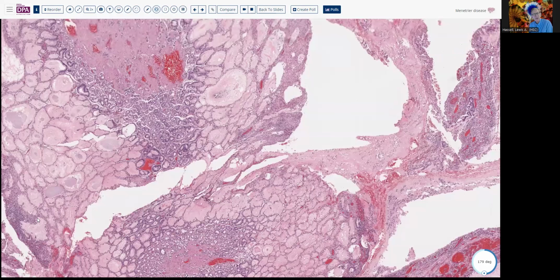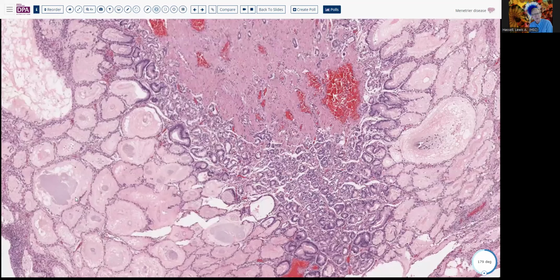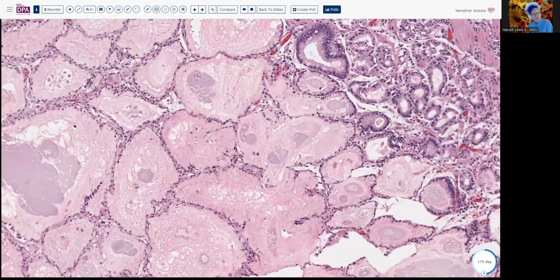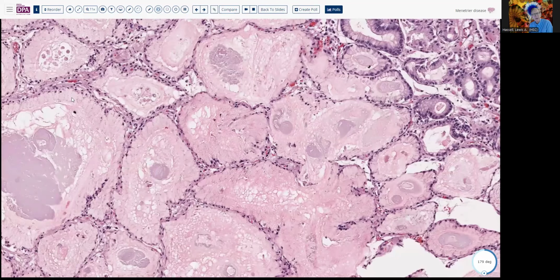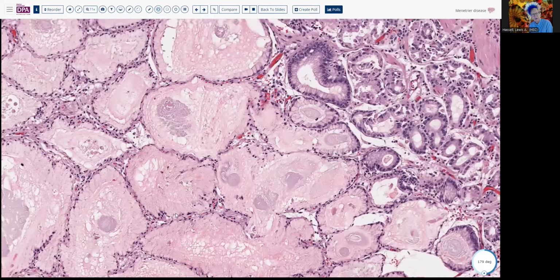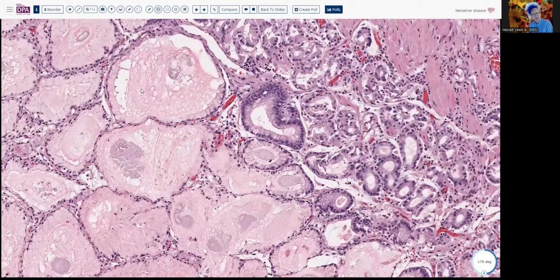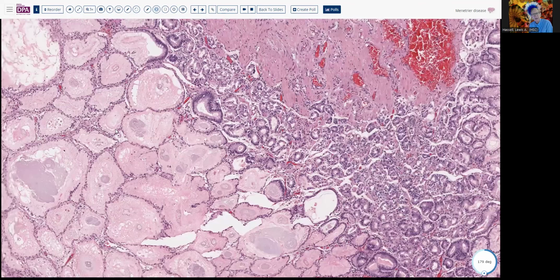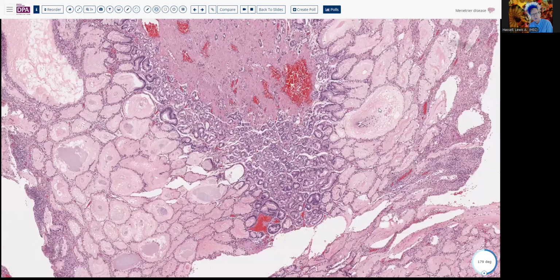And then just very bland cytology to all of these very exaggerated hypersecretory glands. The nuclei are very benign, basal appearing down at the base of the cell, but just overstimulated tissues sending out tons and tons of secretion.